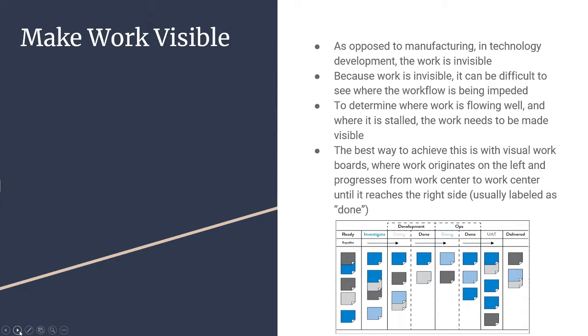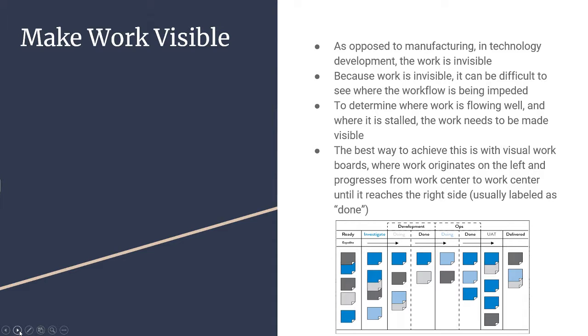And well, I want to talk a little bit about making the work visible. Unlike manufacturing, technology is not always as visible, having tangible goods, or being able to see the process as we can in a factory. That's the reason we need to make this work visible.